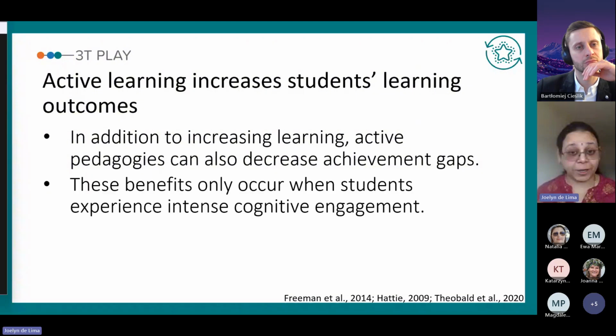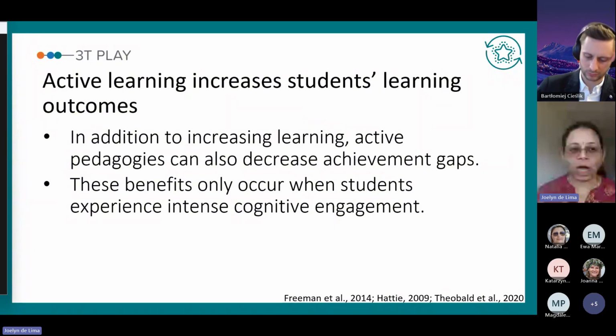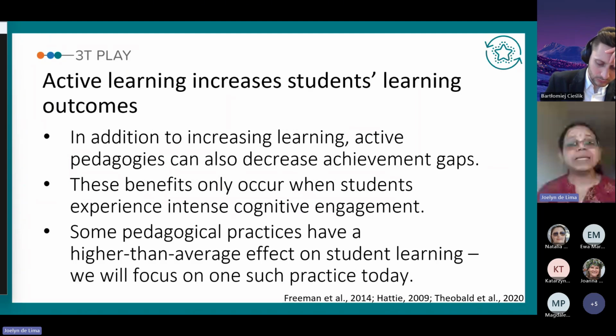However, these benefits only occur when students experience intense cognitive engagement. If you are just asking one question during your lecture, that's not really cognitive engagement. The students really need to have their brains working. Some pedagogical practices have been shown to have a higher than average effect on student learning, and we will focus on one such practice.